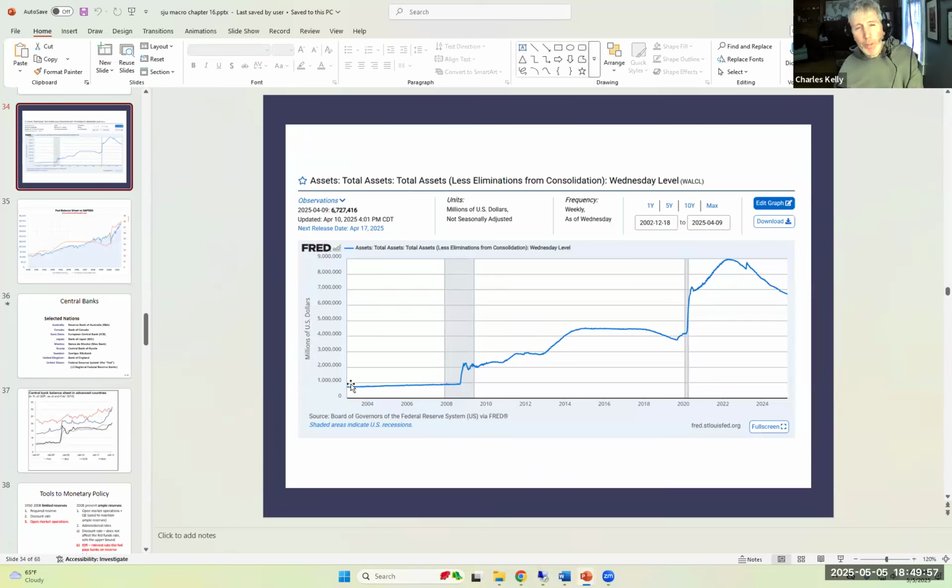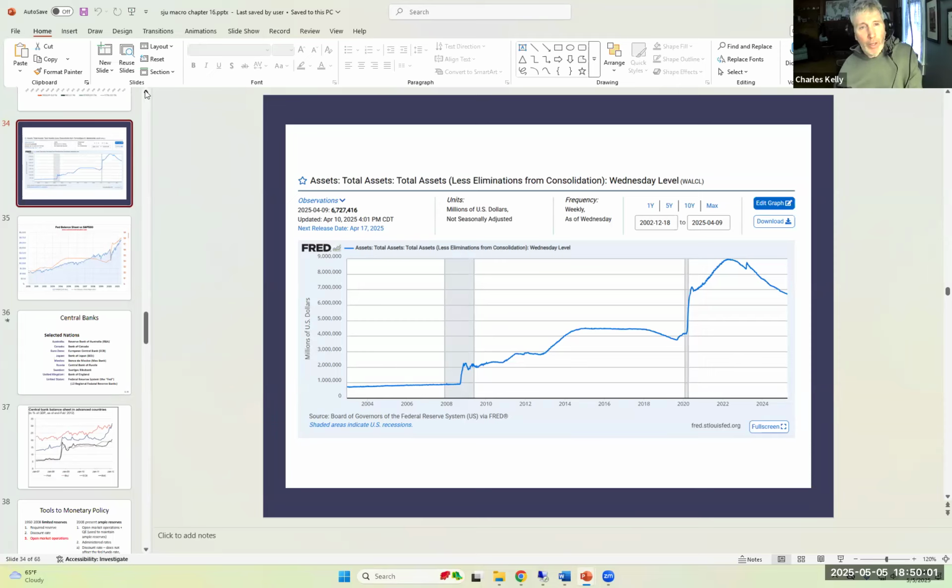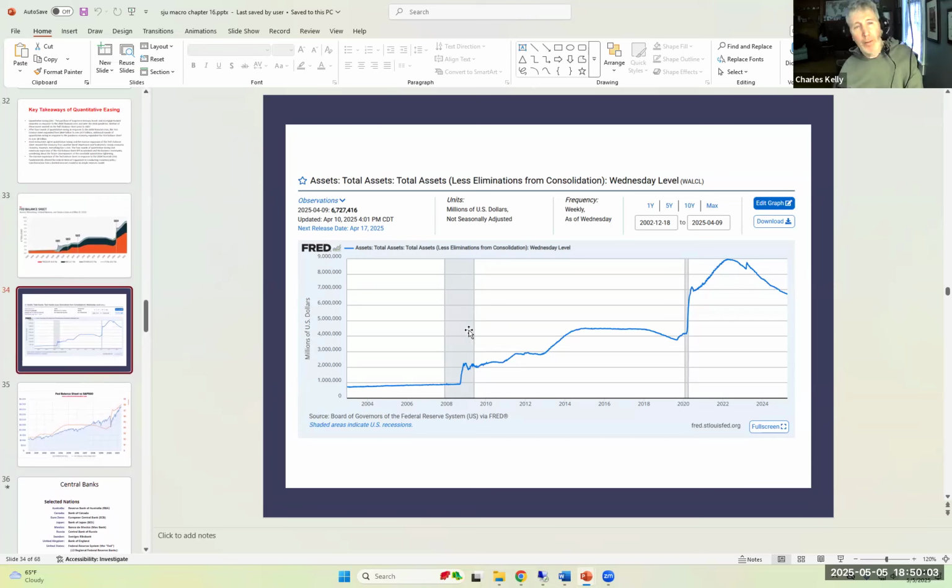And then, I couldn't find one that goes back further on the Fed site, so I went ahead and borrowed one from somewhere else. And you can go back, it was that way from like 1960 all the way to 2008. The Fed's balance sheet was less than $1 trillion, somewhere between 500 billion and a trillion. So it didn't change much.